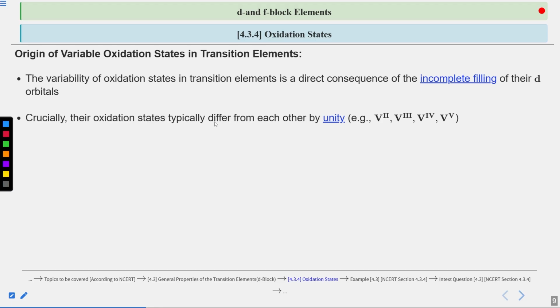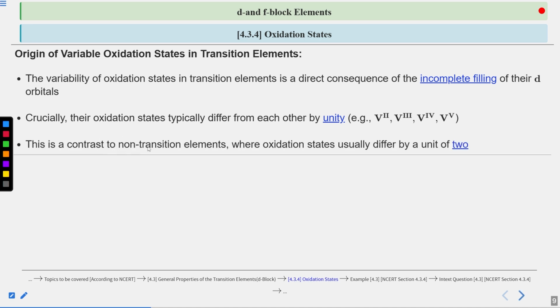Crucially, their oxidation states typically differ from each other by unity, meaning 1. For example, vanadium has +2, +3, +4 and +5 oxidation states. So +3 and +2 differ by only one unit.